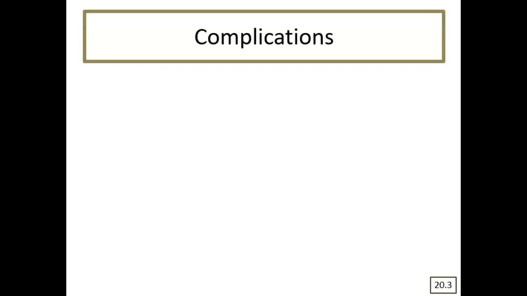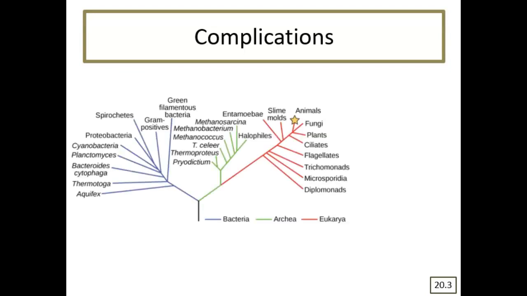For example, we normally think about this kind of nice dichotomous branching, right, where a single species diverges into two lineages, and then each of those can diverge, right, that at each of these spots there's a divergence into two. And certainly a lot of evolution probably happens that way.